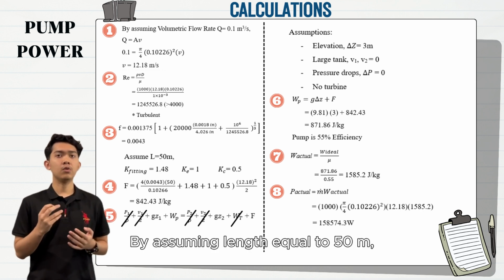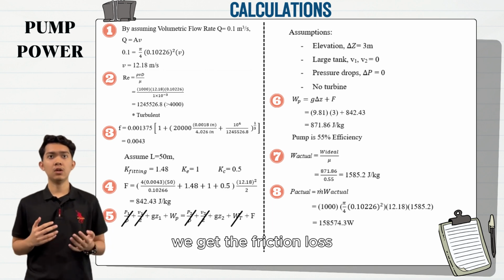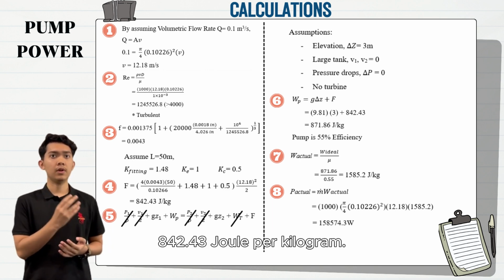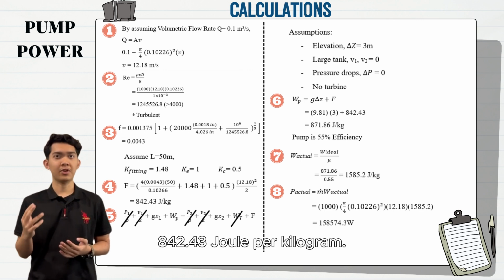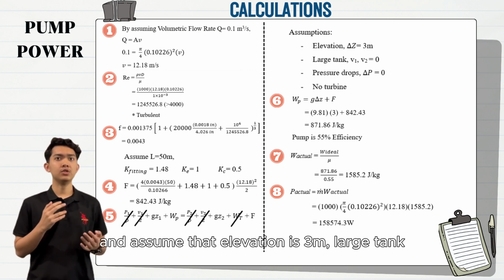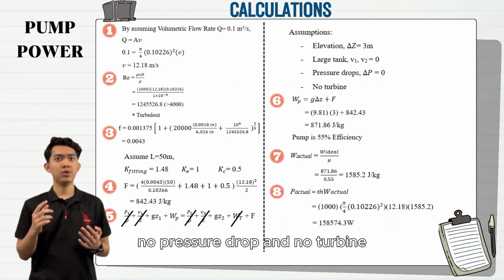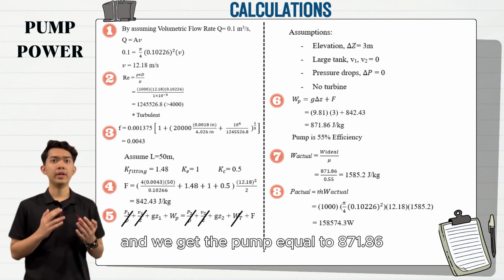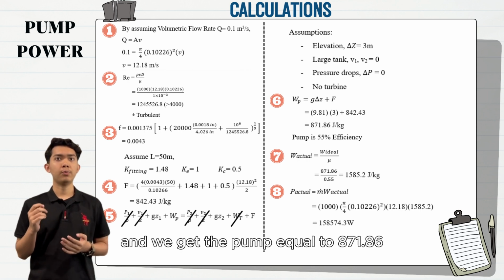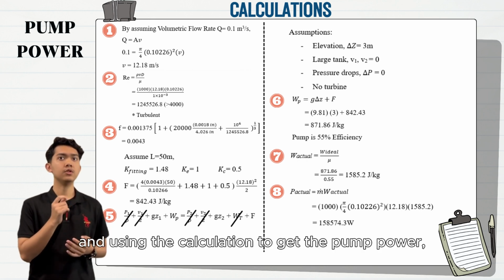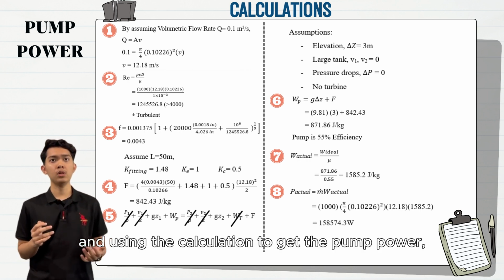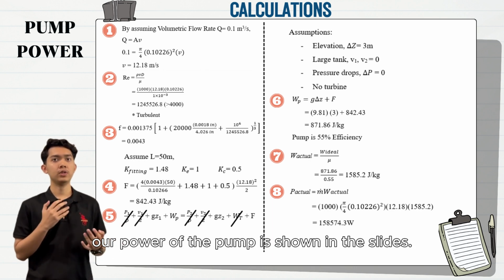By assuming length equal to 50 meter, we get the friction loss 843.43 joule per kilogram. We use the Bernoulli equation and assume that elevation is 3 meter, V1 and V2 are 0, no pressure drop and no turbine. And we get work pump equal to 871.86. Using the calculation to get the work pump power, our power of the pump is shown in the slides.